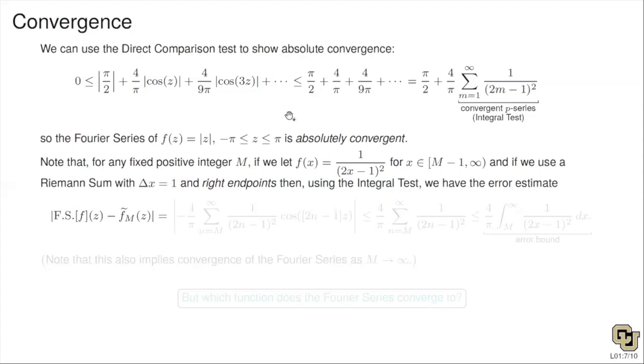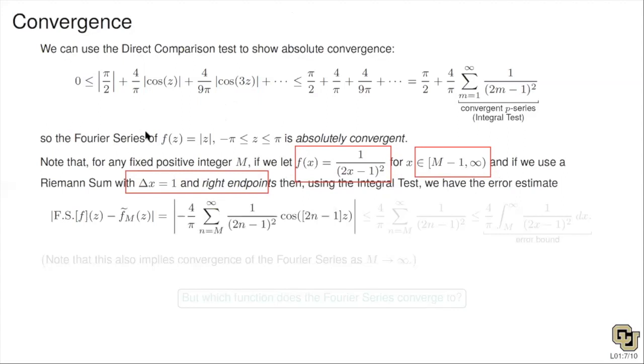So here, if we now take this function and look at it from m-1 to infinity, and look at the right endpoints and delta x equal to 1, then we can set up a Riemann sum and compare where this sum up here, without the cosine and sine terms, will show up as a lower sum for approximating the integral.